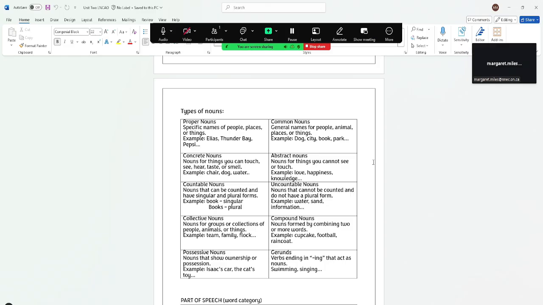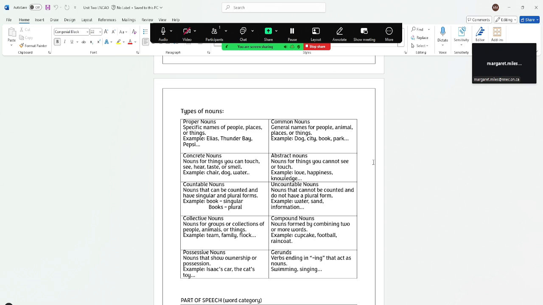Concrete nouns, nouns for things you can touch, see, hear, taste, or smell. For example, chair, dog, water. Abstract nouns for things you cannot see or touch. For example, love, happiness, knowledge.